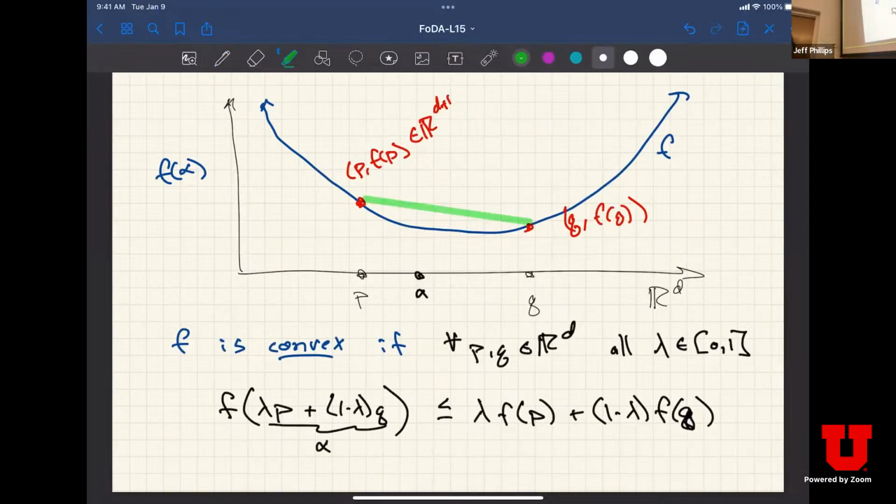Now I can interpolate between the function value at point P and the function value at point Q. And I need this to be larger than the true function value, than the value at the blue function.